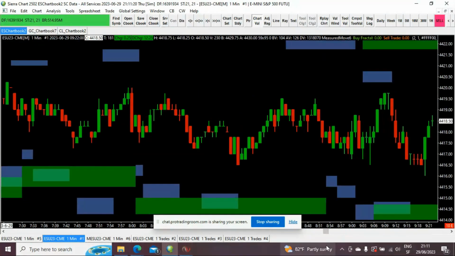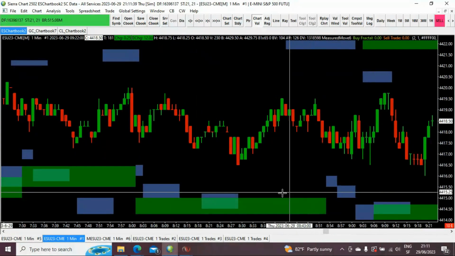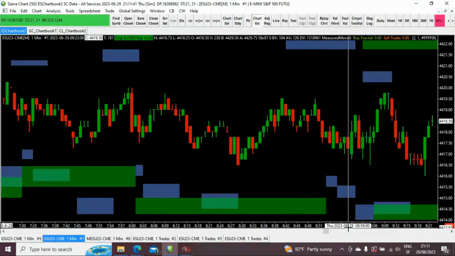Oh, I should have mentioned that the times at the bottom here are Central European time, which is my local time. I'm in France, and so for me the Frankfurt opens at 8 a.m. here, and the London Open is at 9 a.m. So my time is 1 hour ahead of London, 6 hours ahead of New York.